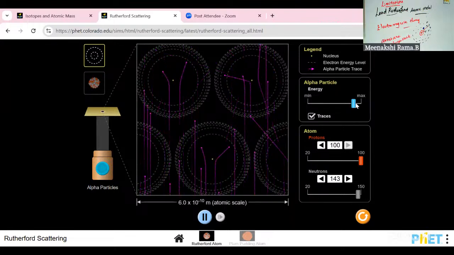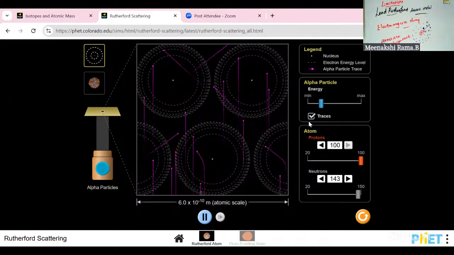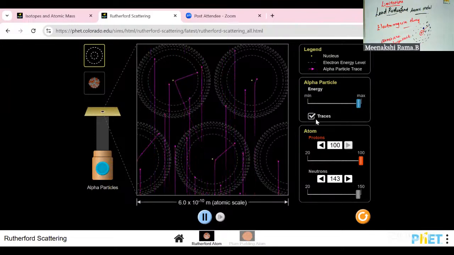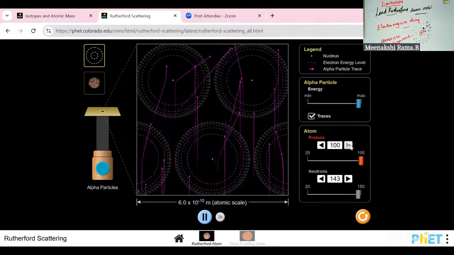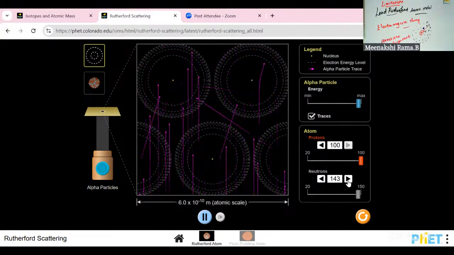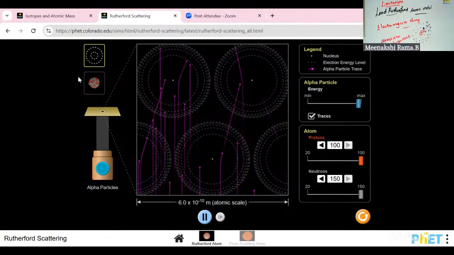When we want to increase the energy level of the alpha particles, the deflection and the particles move in a fast manner. When I want to minimize, the energy level is also minimized. When we want to increase the protons or neutrons, the center part, the deflection also changes in this area.